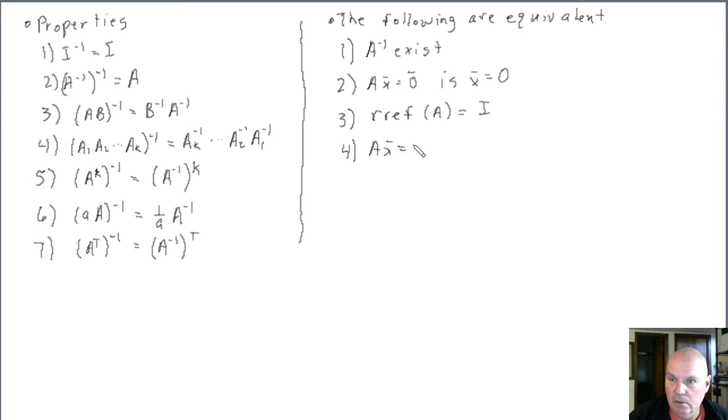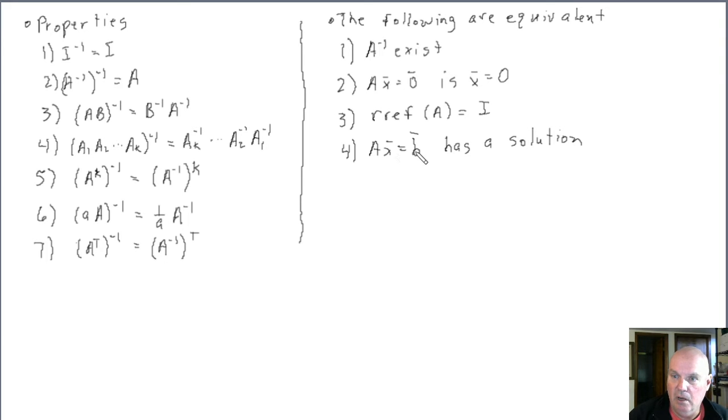Similar to that is that the linear system of equations has a solution. And indeed, we've seen what that solution is.